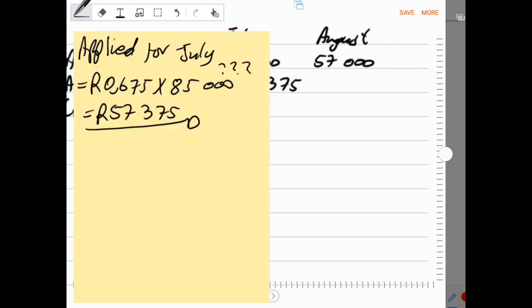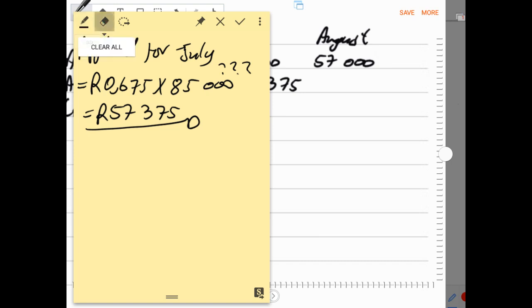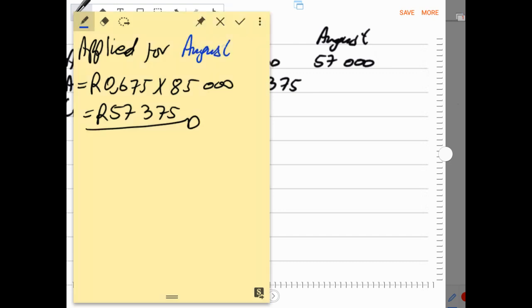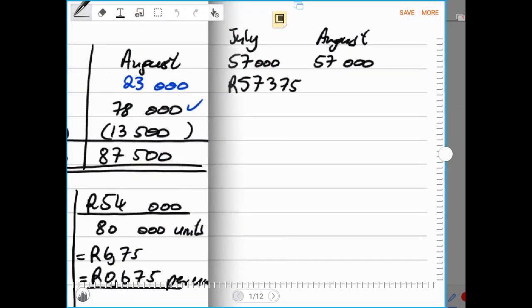Then we do the same thing and calculate applied for the month of August. Now it will be our POR times the actual production for the month of August. And production for August was 78,000 units.